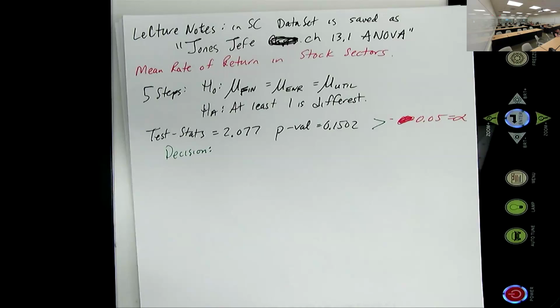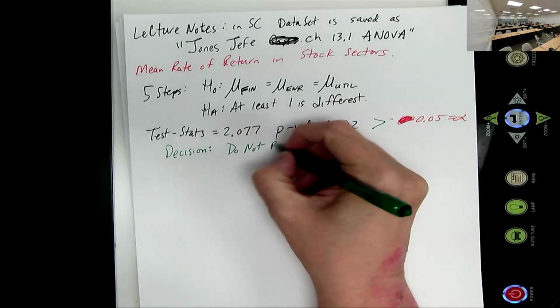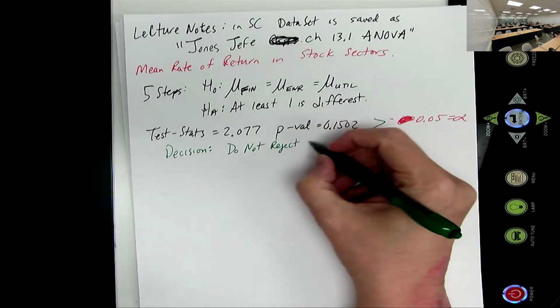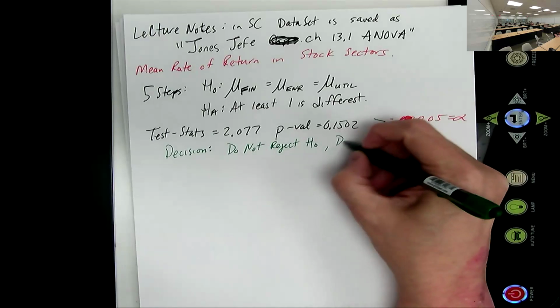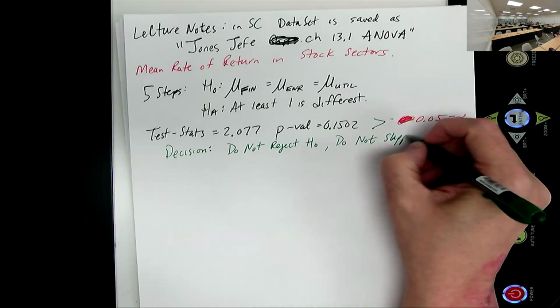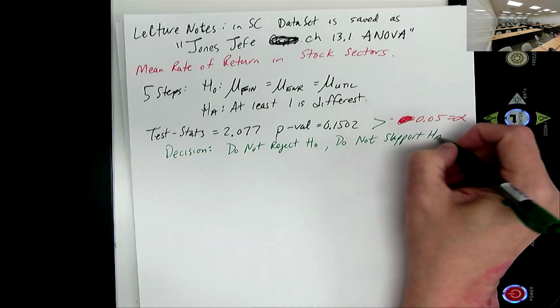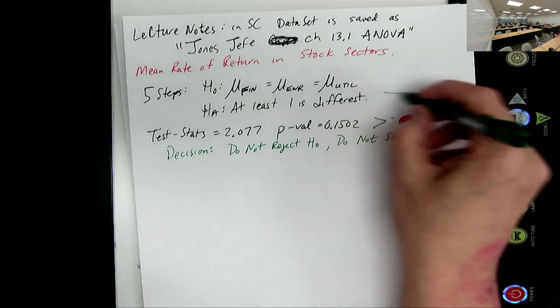Say it again. Do not reject the H naught. Excellent. The p-value is not too low, we don't reject H naught. Do not support HA, HA being that there is one different.